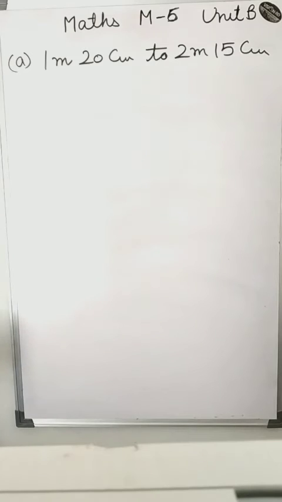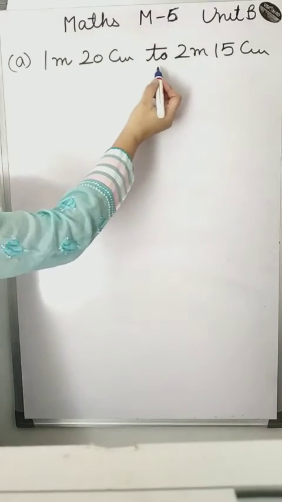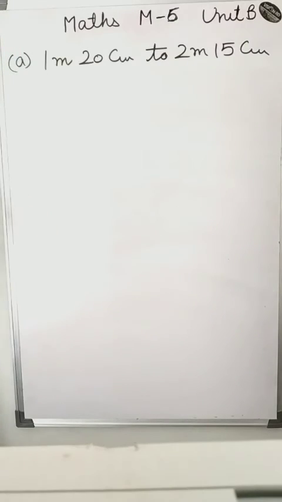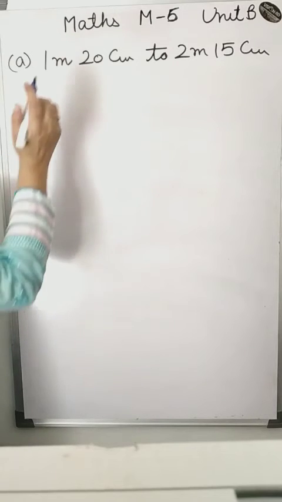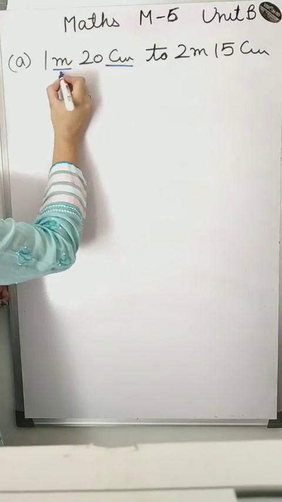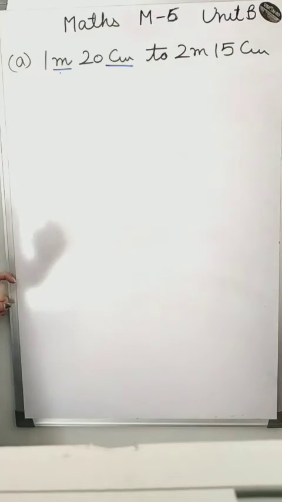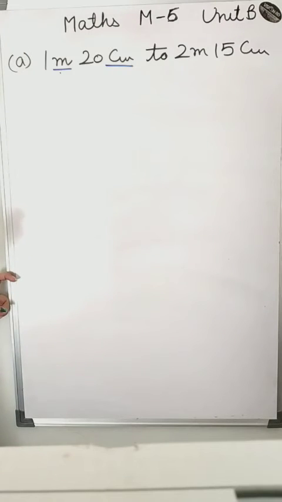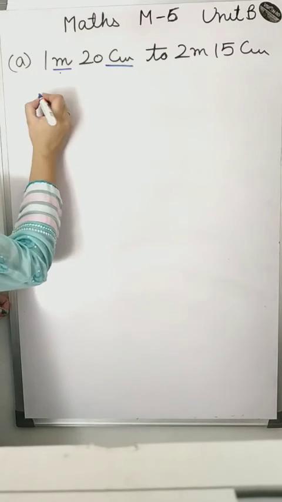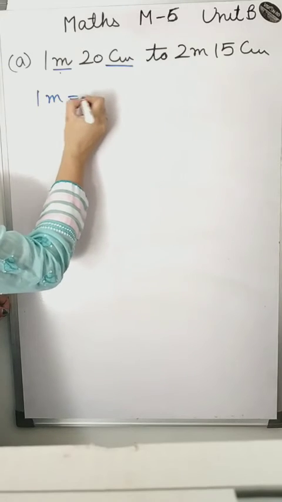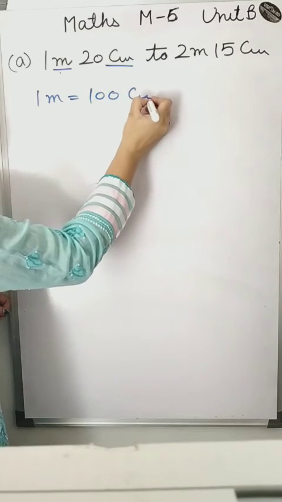Now come to module number 6. In this module the question is 1 meter 20 centimeter to 2 meter 15 centimeter. This you have to write in a form of ratio. Just see how we write. Here we have two units, meter and centimeter. First we convert them into a single unit. 1 meter is equal to 100 centimeter.